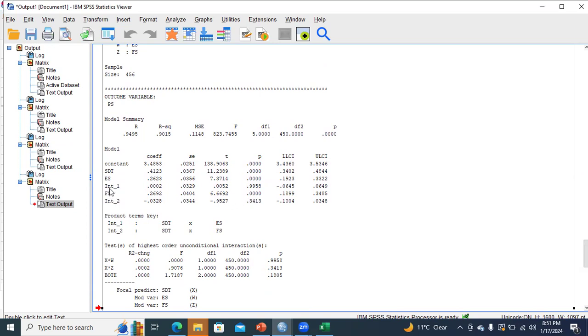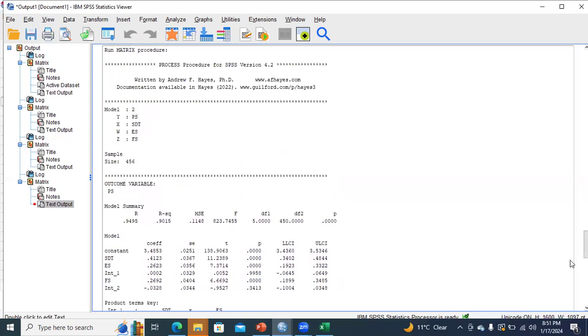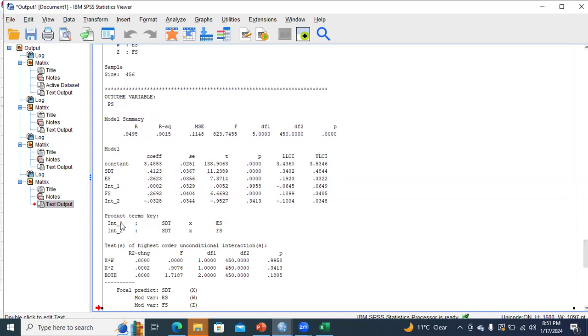Now we can see the first interaction term, the interaction between ES and SDT. The product of ES and SDT is interaction 1. The product of FS and SDT is the second interaction. This is the first moderating impact and this is the second moderating impact. The first moderating impact is positive and very little, and the t value and p value are not significant.